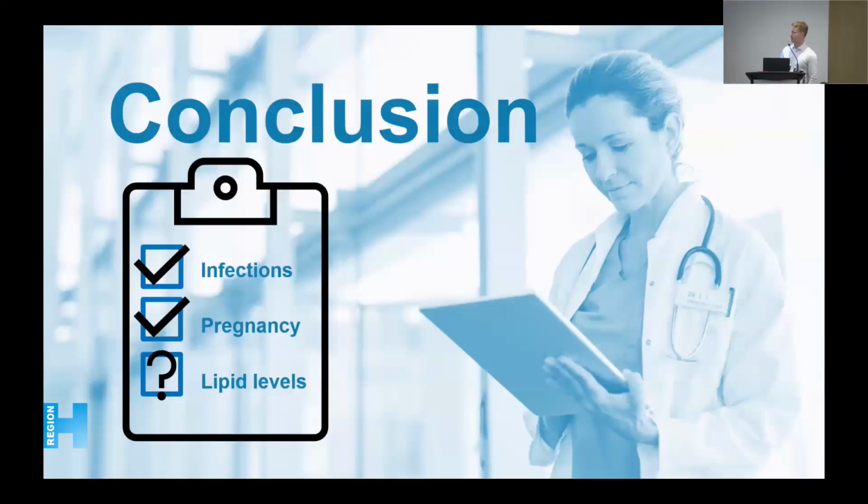So we concluded in the report to EMA that the advised risk minimization activities are well followed in the Nordic countries, at least. Regarding infections, very few patients had any visits with related infections. Pregnancies, it's a bit harder to conclude anything from the very few pregnancies and births.